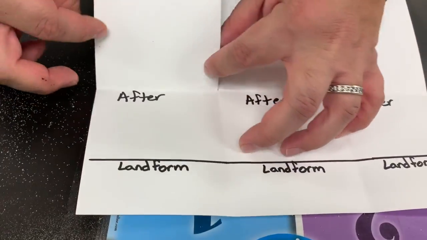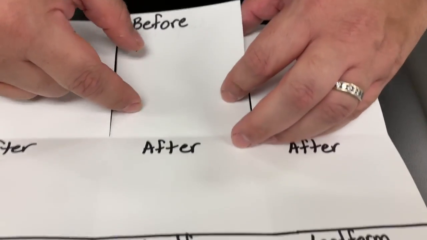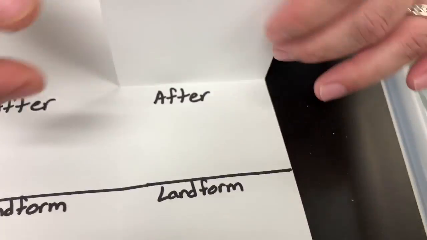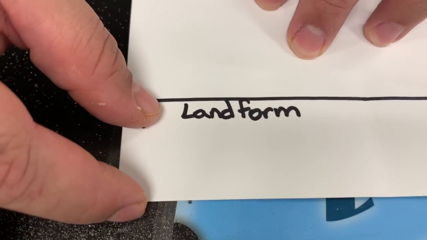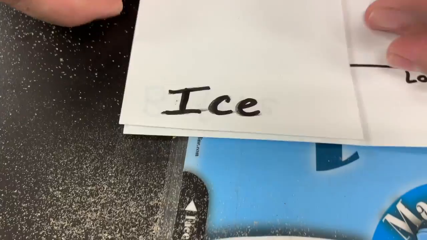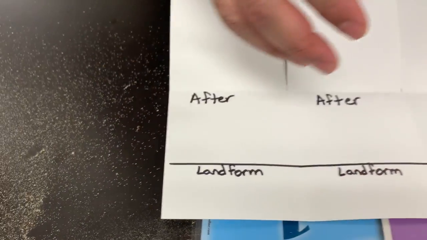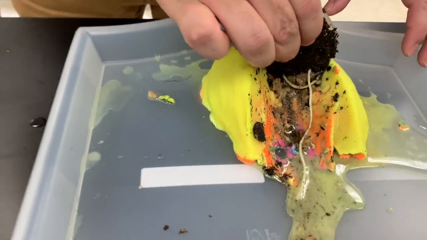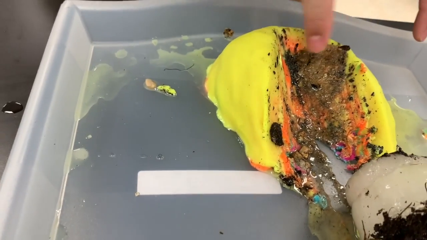All right, guys, right before we leave, make sure that you have already labeled your ice, you have drawn your before, your after, your water, before and after, and your wind, before and after. One more thing. Make sure in this bottom section that you describe how it was developed. In this case, the ice, our glacier, applied pressure, slowly moved down the hill, creating a U-shaped valley.